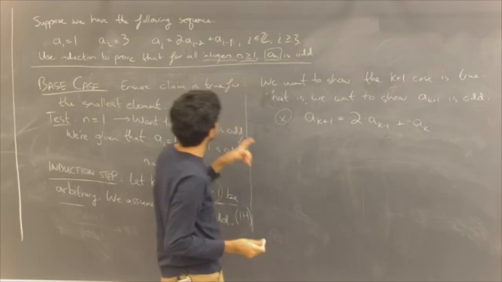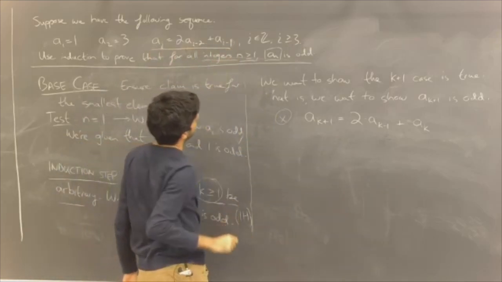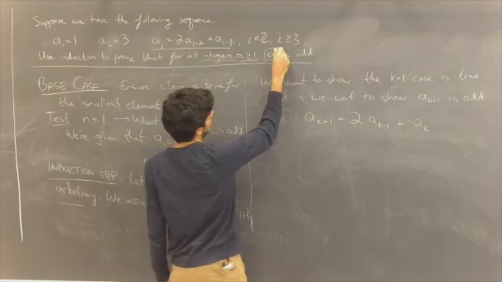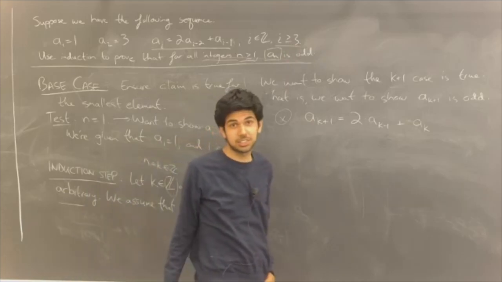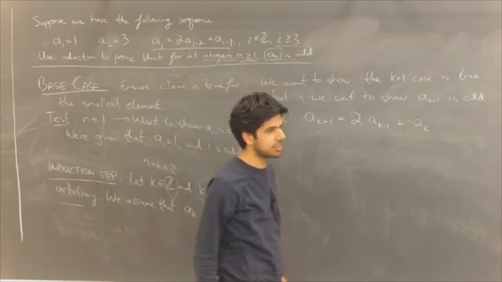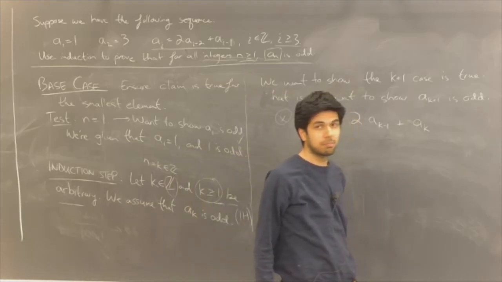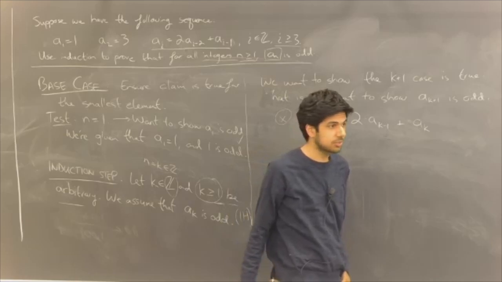This equation up here only holds when i is greater than or equal to 3. And we just falsely assumed that k plus 1 is probably greater than or equal to 3. But it isn't always greater than or equal to 3.